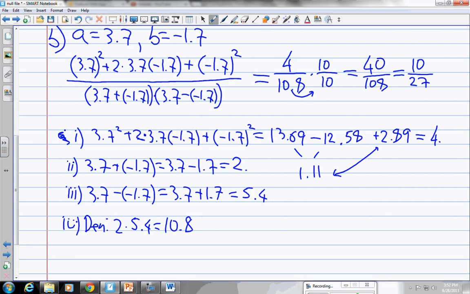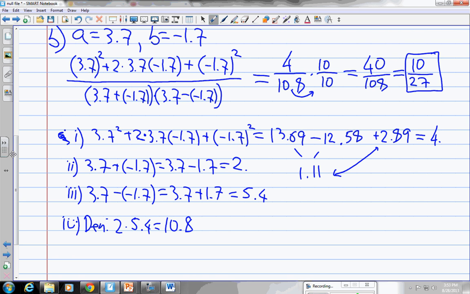If I reduce both by 4, I don't think I can reduce any further. So it's 10 over 27. Is that okay? Okay.